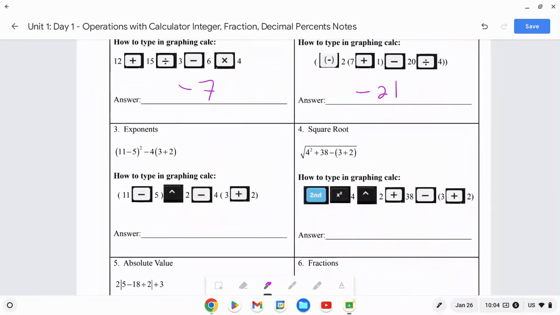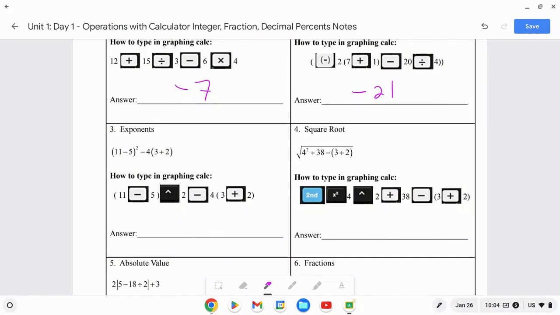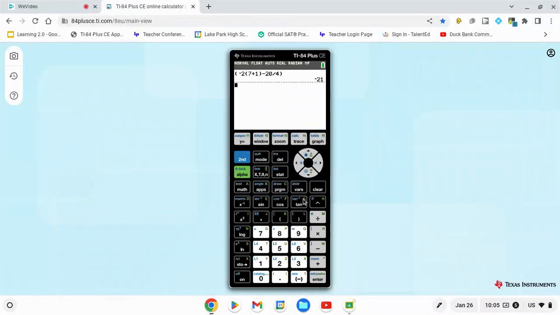Okay, the next problem involves exponents. So for exponents, you're going to use this little caret button to put an exponent into your graphing calculator. Okay, so if we go back to our graphing calculator, again, I'm going to clear this out. And then I'm going to type a parenthesis, 11 minus 5, close the parenthesis, and now I want to raise this to the second power.